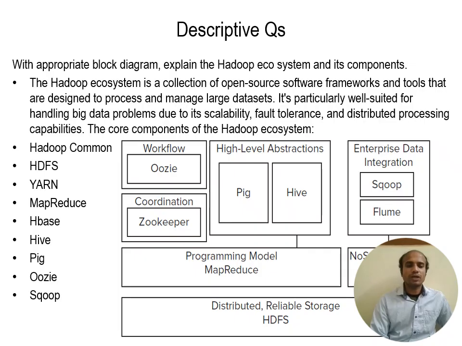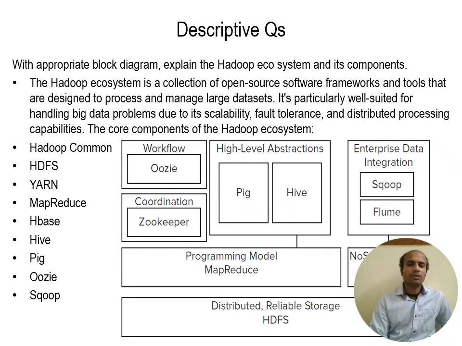Then HBase, and how it is different from the traditional relational database management system. Then Apache Pig and its ETL, extract, transform, load, features. Then how Sqoop, Flume, and Zookeeper also add value to this ecosystem.